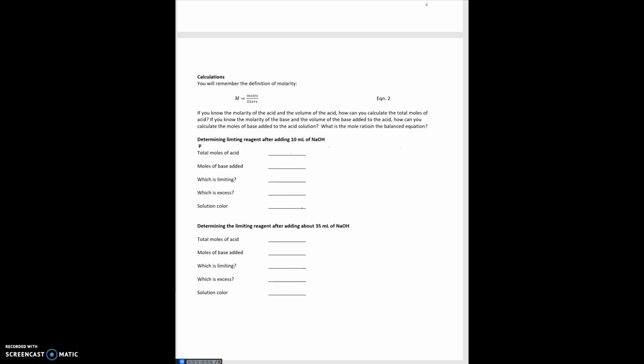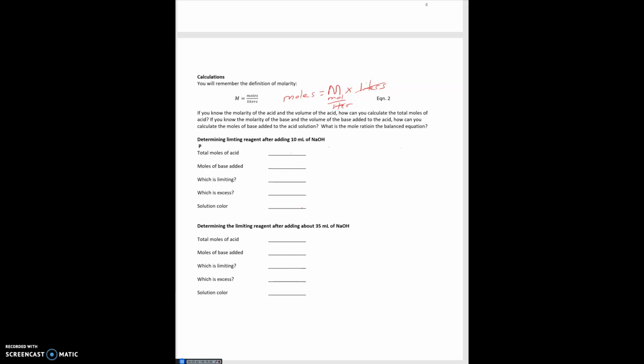Now, if you rearrange this equation, what you get is moles equals molarity times liters. Remember, molarity is moles per liter, so liter cancels out, leaving moles.